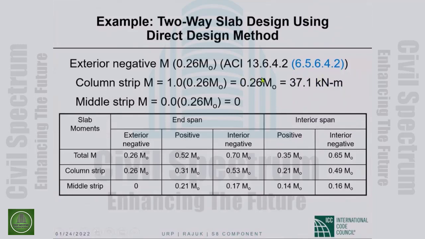This is a situation where, as we discussed, it's 100%, 0% distribution, 100% going to the column strip, 0% to the middle strip. So exterior negative moment, the column strip gets all of the 26% of M sub 0, which is 37.1 kilonewton meters, and the middle strip gets 0. Okay, so anyway, this table you have seen.